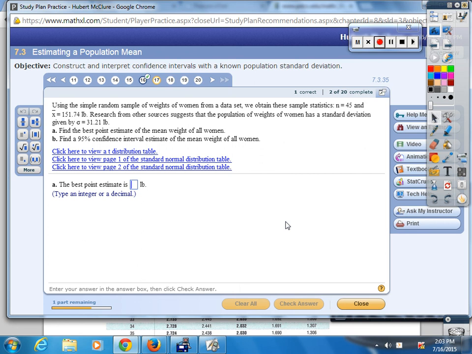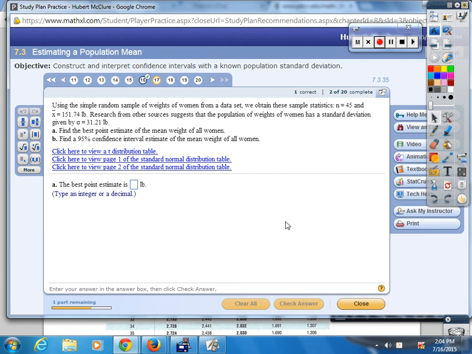And then find a 95% confidence interval estimate of the mean weight of all women. I'm sorry, what? That means it's your T-table. Find your T-table. You're going to have to use 95%. So it'd be 95%, 0.05, and what's half of 5 cents? 2.5 cents.